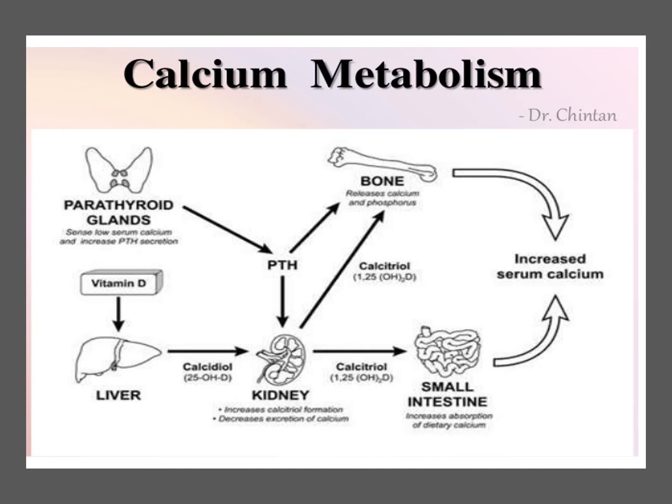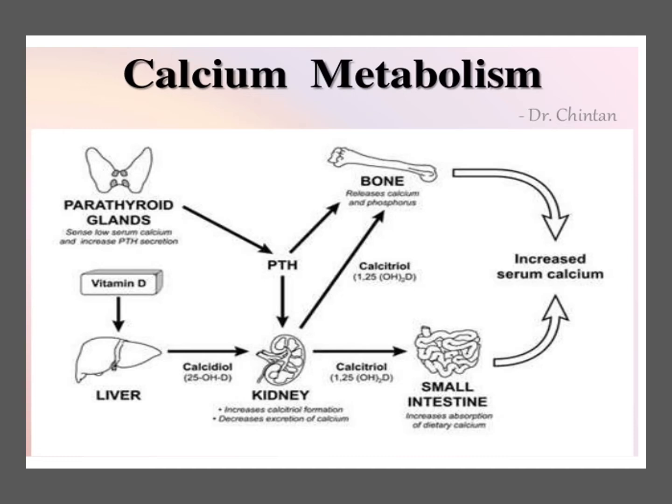Now, what does active vitamin D do? Well, it's going to act on the small intestine to increase absorption of calcium that's in your diet. Okay, so it's another way of increasing serum calcium. Calcitriol also works on the bones in combination with PTH to also regulate serum calcium levels.